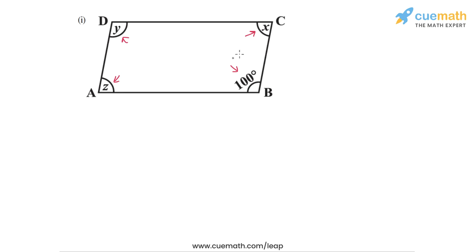So x will be supplementary with angle B, or 100 degrees, because angle B and angle C form a pair of adjacent angles in the parallelogram. So we can say angle B plus angle C must be equal to 180 degrees because these two angles are adjacent angles in this parallelogram.